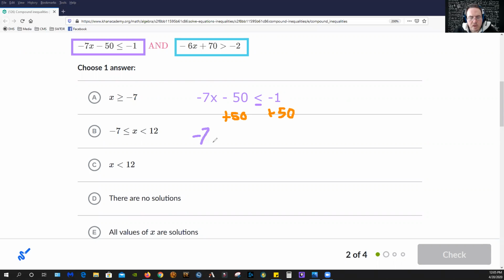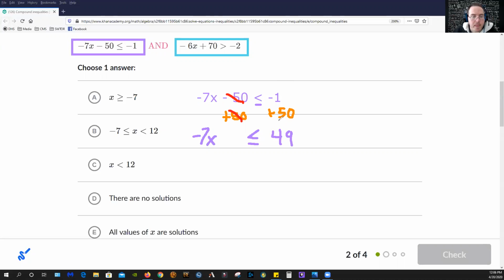I haven't done anything to it yet. Negative 50 plus 50, that's where I created a 0, which is good. Is less than or equal to negative 1 plus 50, that'd be 49.